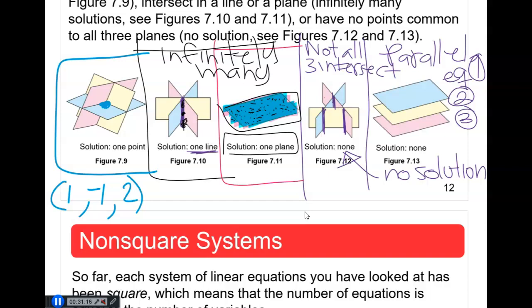So two walls that are next to each other, intersecting at a 90-degree angle, and then you have your corner, which will be the ceiling above them. And so the corner will be the solution if your walls were equations, and your ceiling was the other one. So that is a way to visualize it.